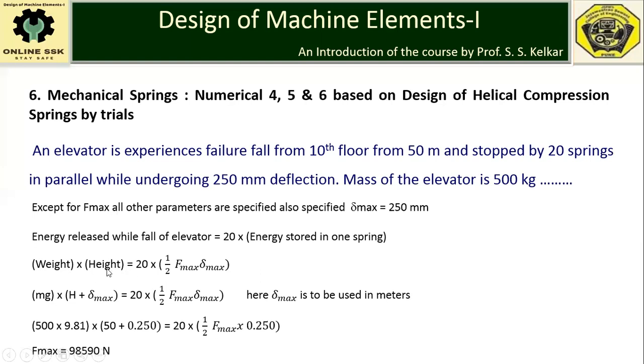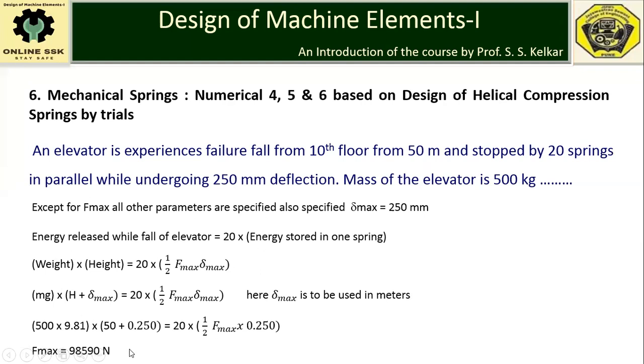Please note that the height through which it falls will be equal to 50 meters plus this delta max, that is the spring's deflection, the compression experienced by the spring. This summation makes it the total height through which the elevator has dropped. So the total height through which the elevator falls is 50 meters plus this deflection.